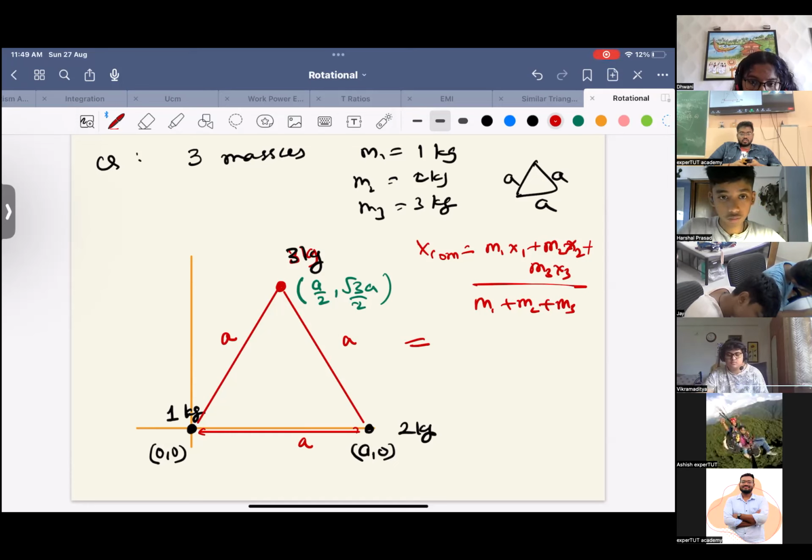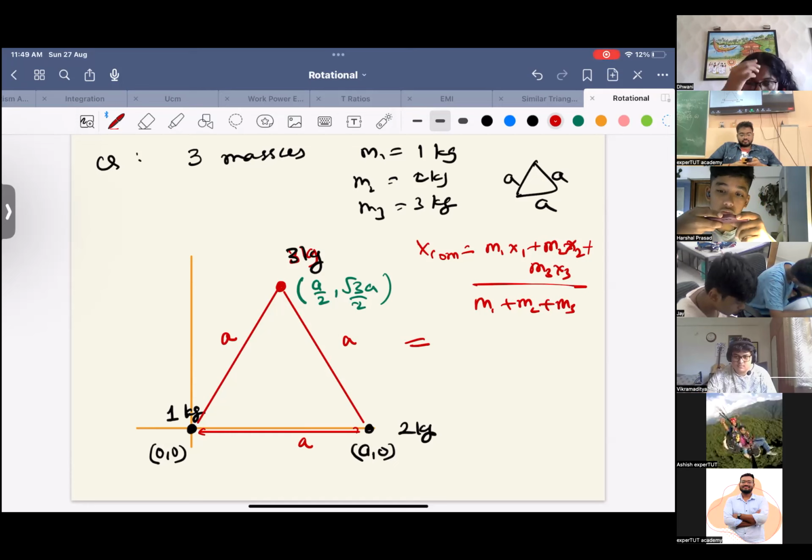Find the y center of mass also: it is m1 y1 plus m2 y2 plus m3 y3. Send its photograph.